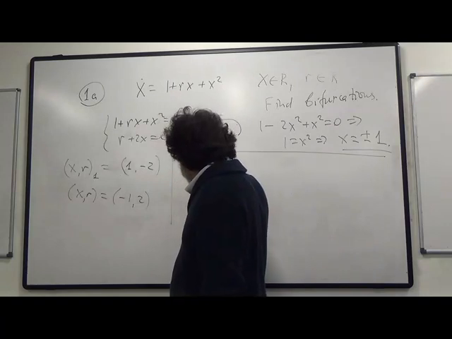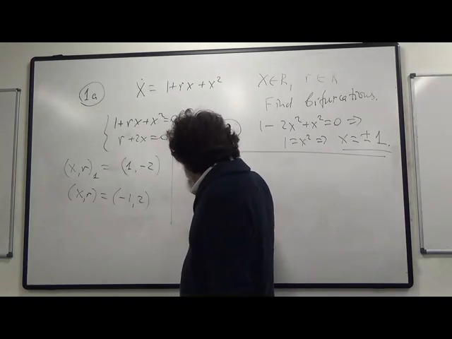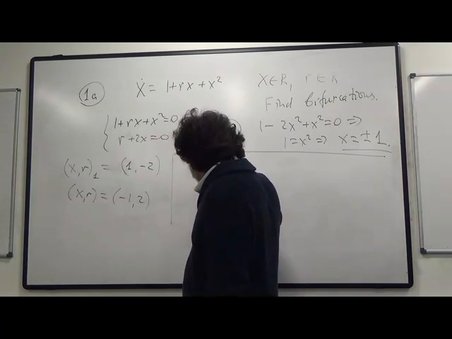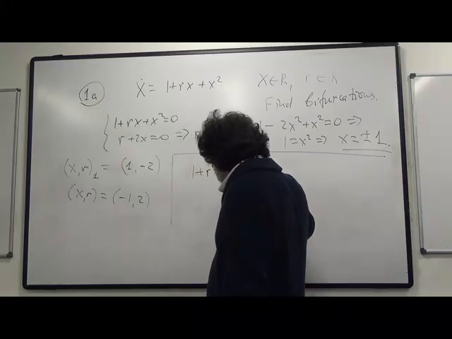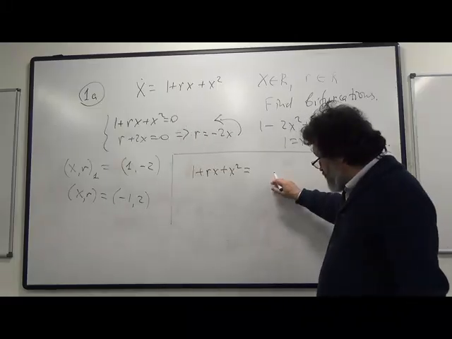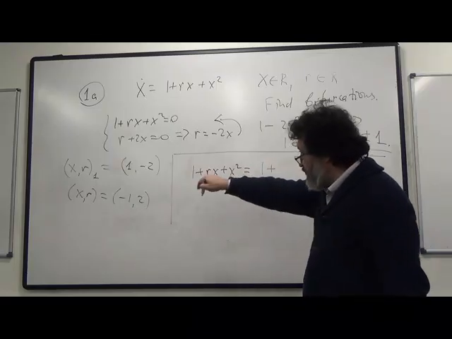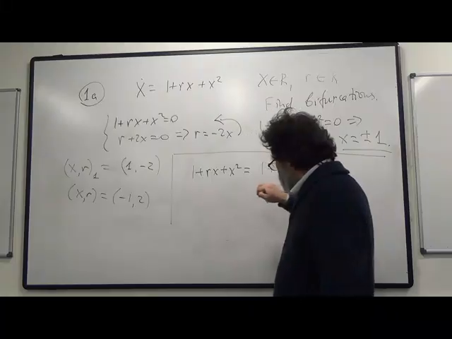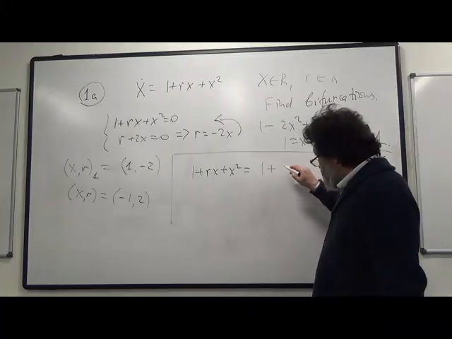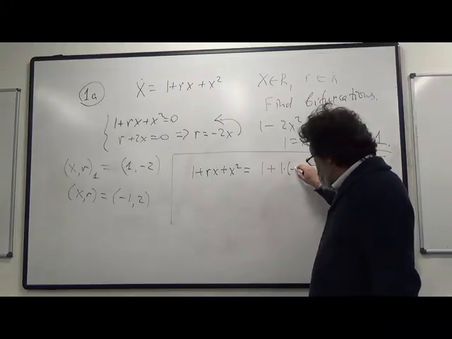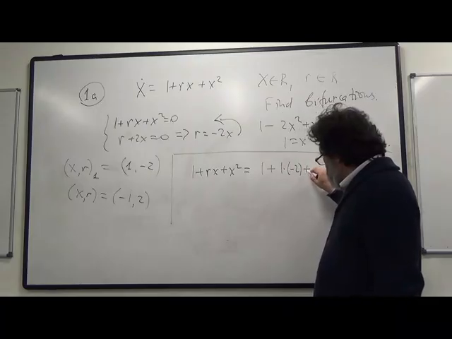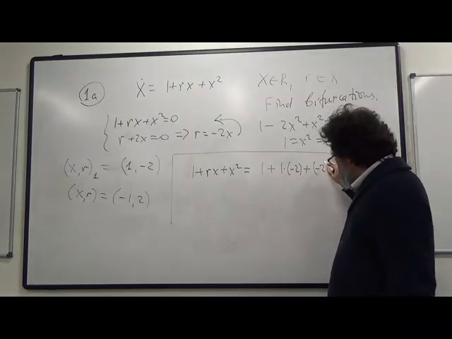F of x, r, which is 1 plus rx plus x squared, will be equal to 1 plus, let's say we take around this point, 1 times minus 2 plus minus 2 squared.